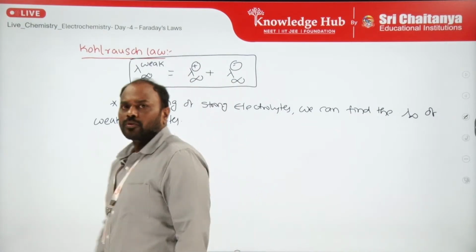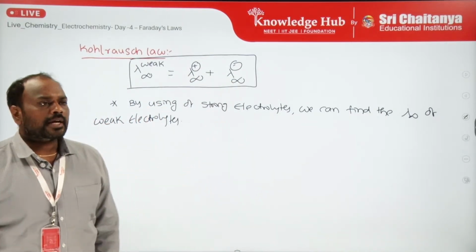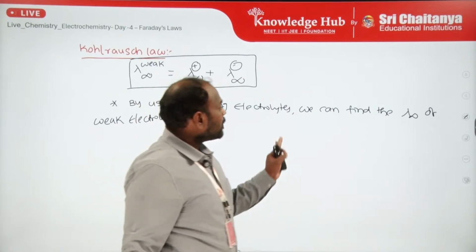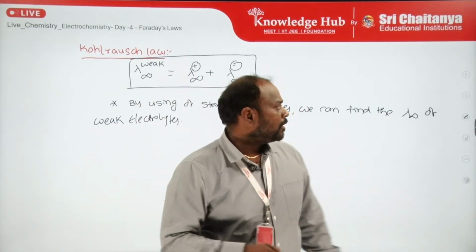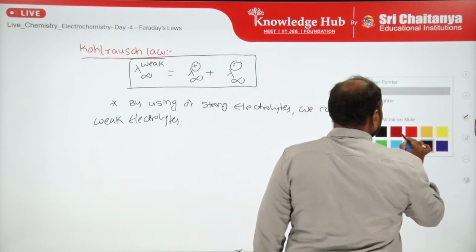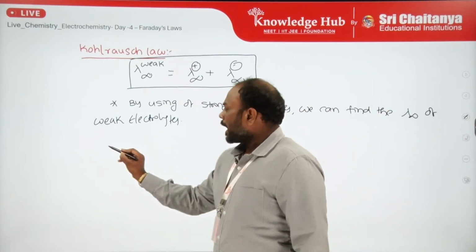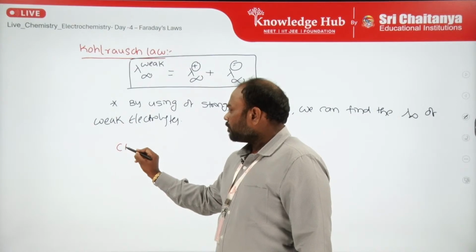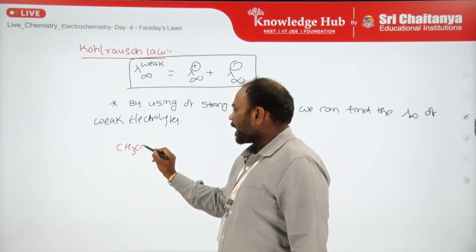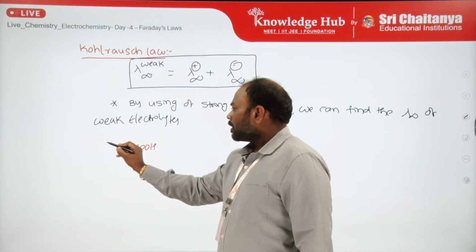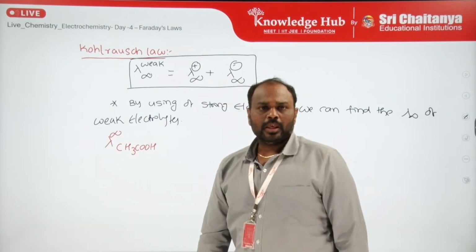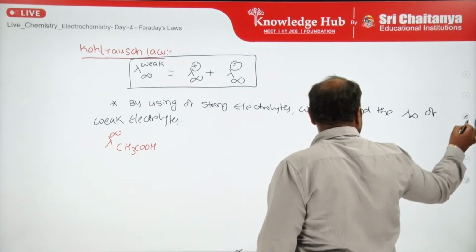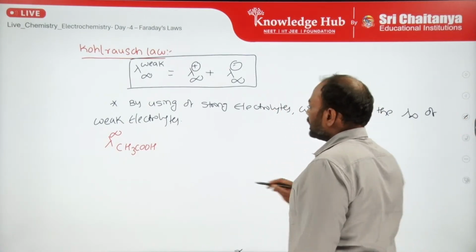For weak electrolytes, equivalent conductances are measured by using strong electrolytes. Okay, let us take an example. Suppose we want to calculate the equivalent conductance of acetic acid, lambda infinity of acetic acid. How do we calculate it? By using which one?